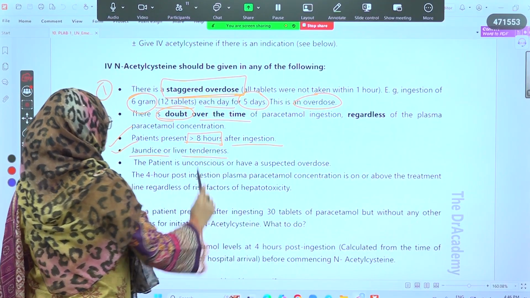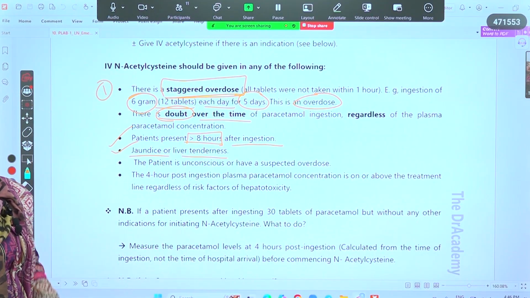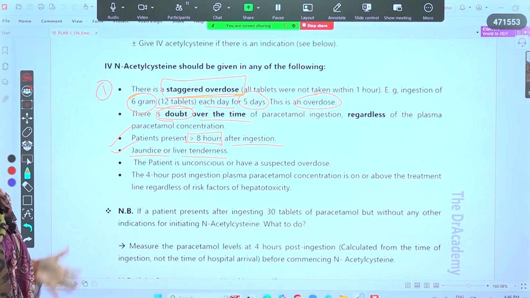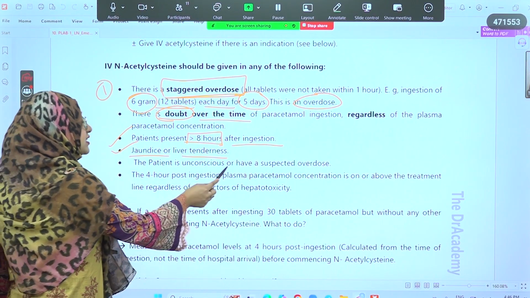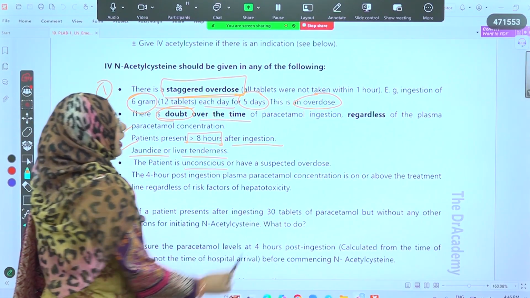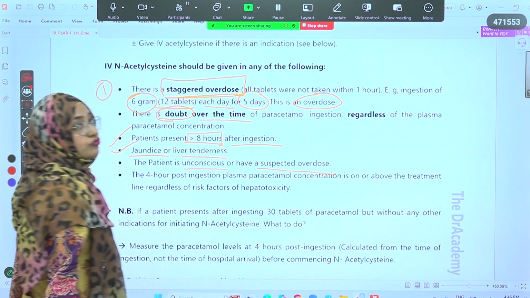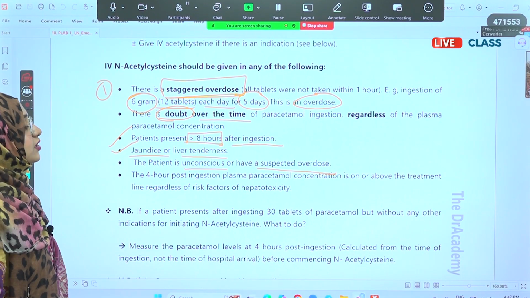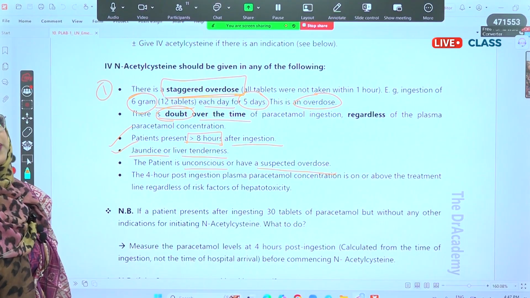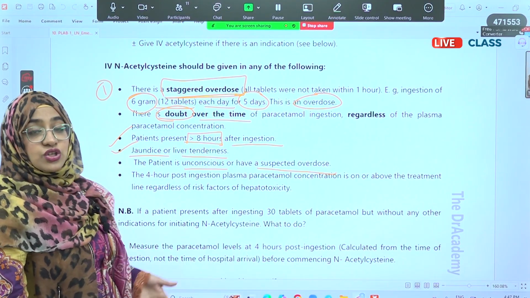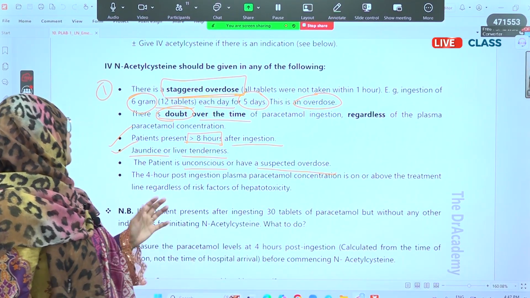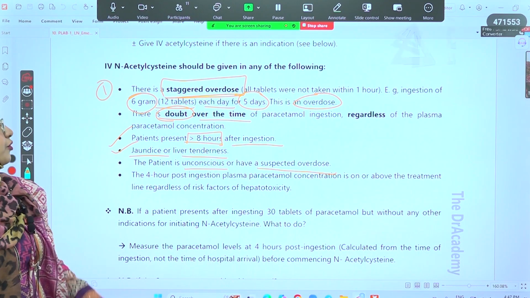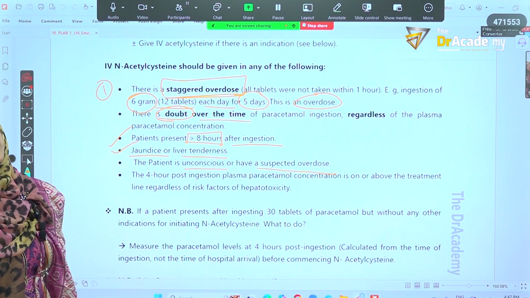Jaundice or liver tenderness, that means the patient has already developed jaundice or liver tenderness. The patient is unconscious or has a suspected overdose. At 4 hours after ingestion, the plasma concentration level of paracetamol is on or above the treatment line, regardless of the risk factors of hepatotoxicity.